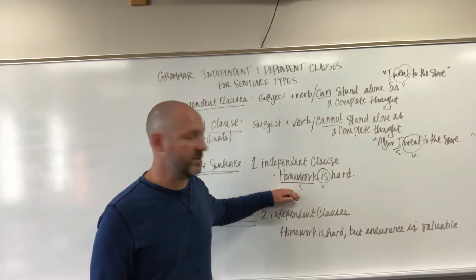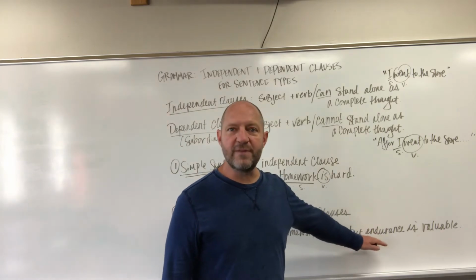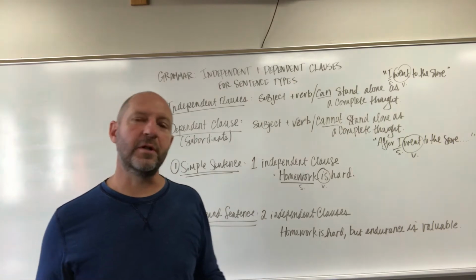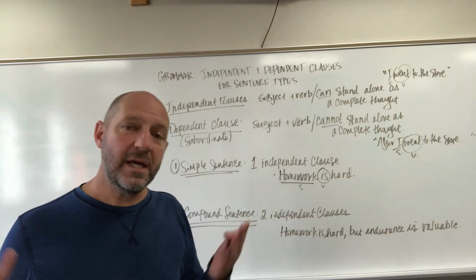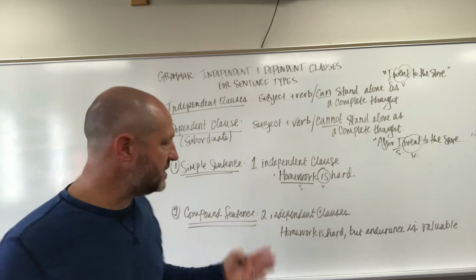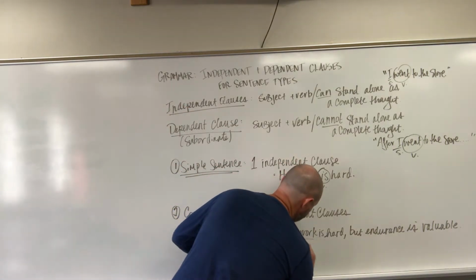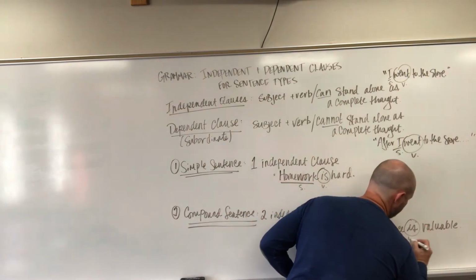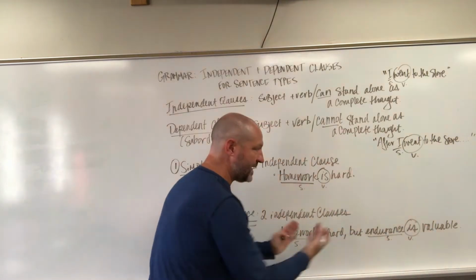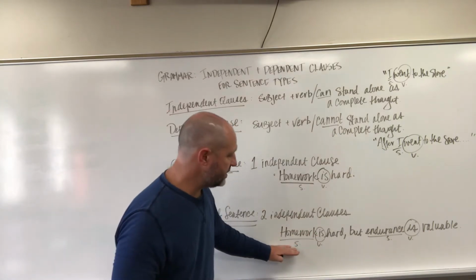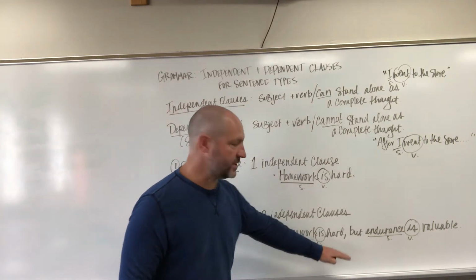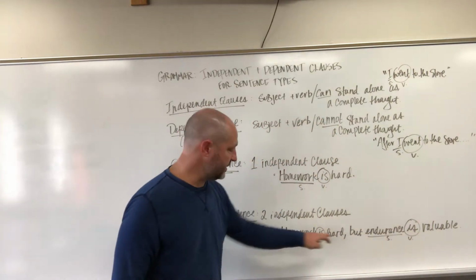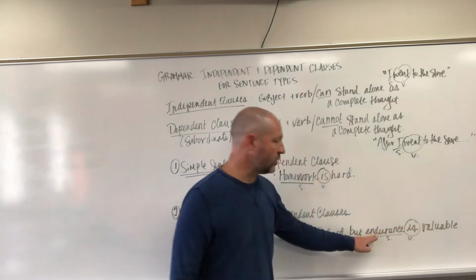We've already established that. Endurance is valuable. That too is an independent clause, for it is a complete thought. It has a subject and verb. We have subject, verb, then subject and verb. Actually, they are the exact same structure: subject, verb, predicate adjective, because this is an adjective. Hard is describing homework. Valuable is describing endurance.